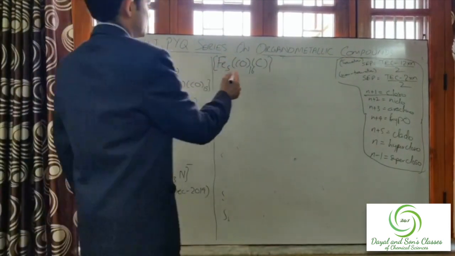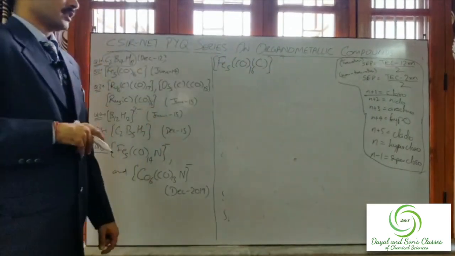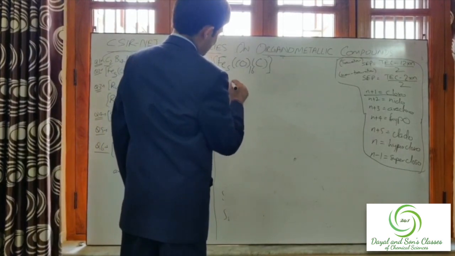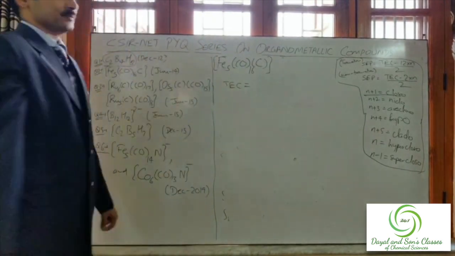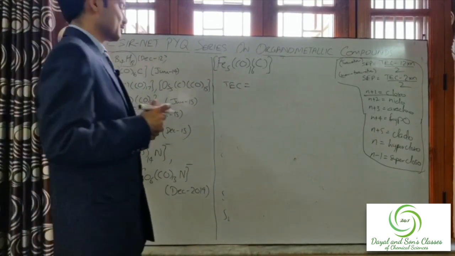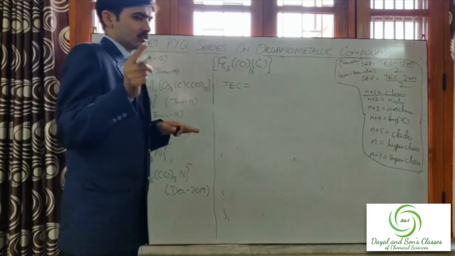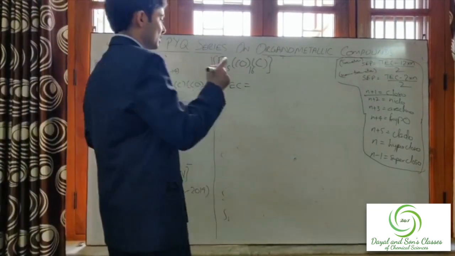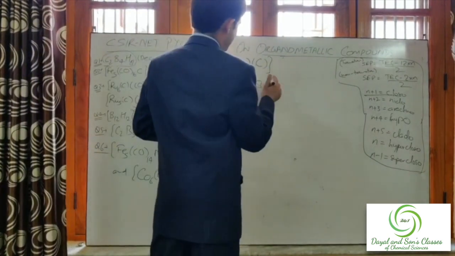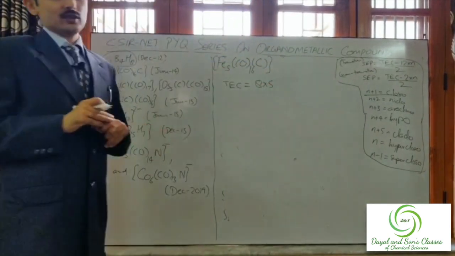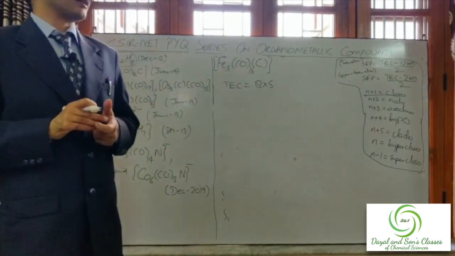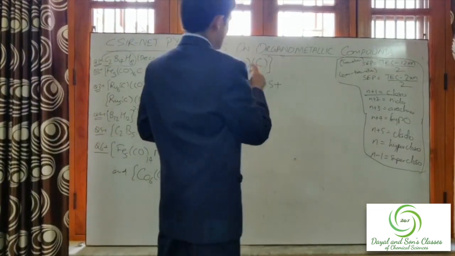Now here again, TEC equal to: iron is a 3d6 element. Iron has 8 valence electrons. It has a configuration 3d6 4s2. The total valence electrons are 8 into 5. We have 5 iron, so 1 iron contributes 8, and since there are 5, we multiply it by 5, plus carbonyl.